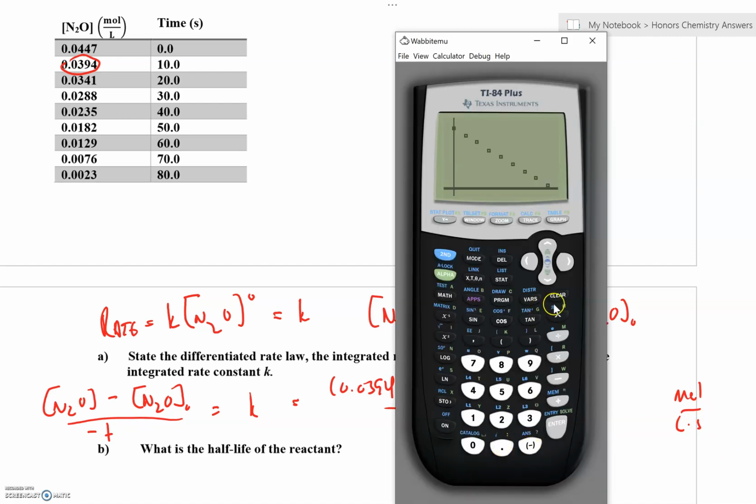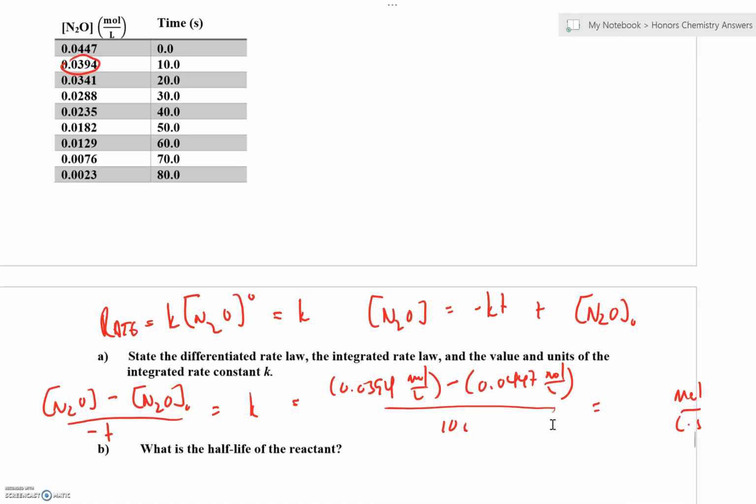We'll say 0.0394 minus 0.0447, and we're going to divide that by 10, which we don't really need a calculator for, but that's okay. 5.3 times 10 to the negative 4, and it is a negative number because that's what this looks like, but we should have divided by negative 10 seconds, so 5.3 times 10 to the negative 4.